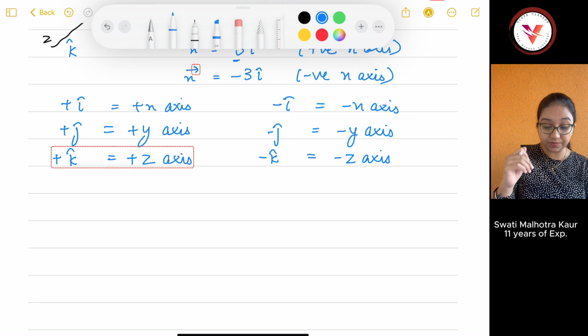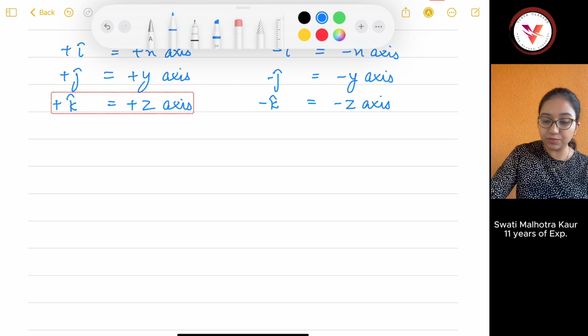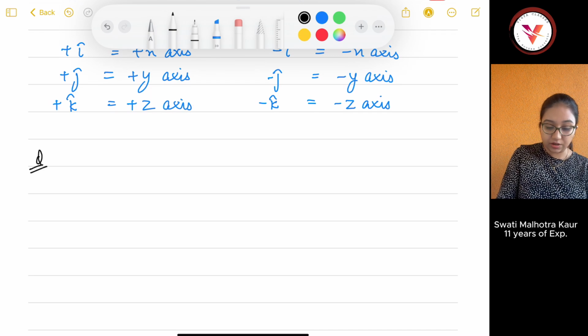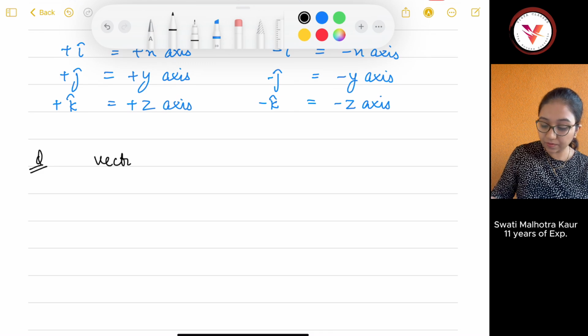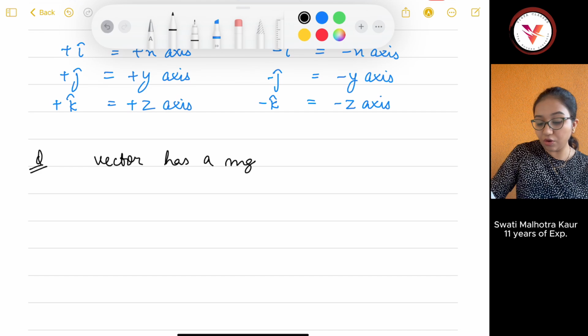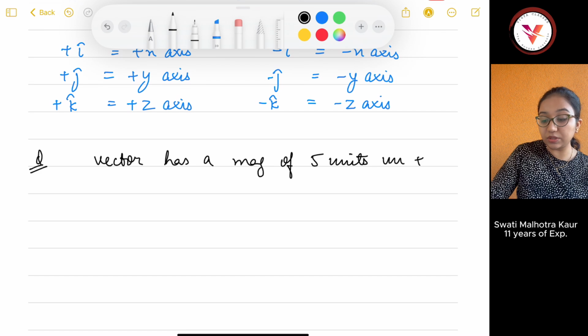Now, let's have some basic things. Suppose you are given that the vector has a magnitude of 5 units in positive x direction.